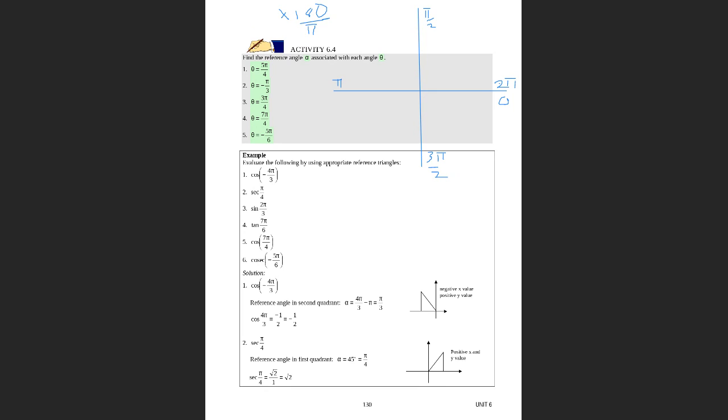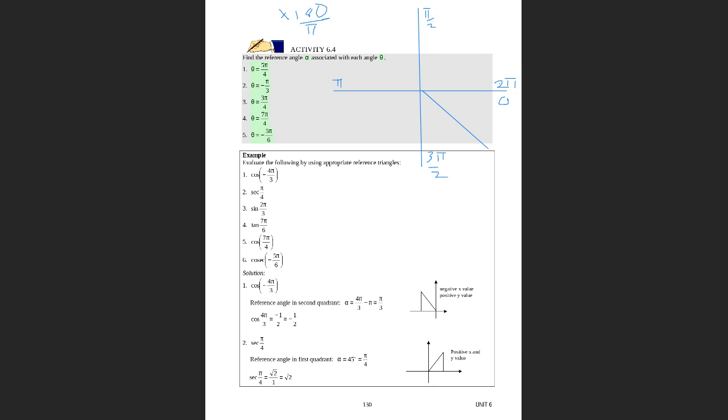And you notice that 7 pi over 4 is going to be in the fourth quadrant. Am I correct? I think I'm correct. It's going to be here.